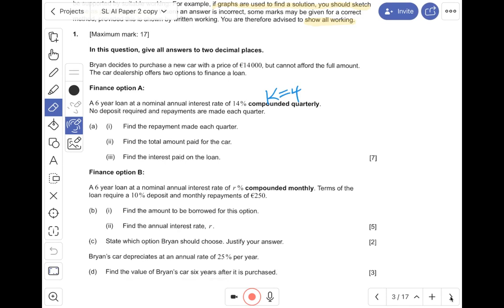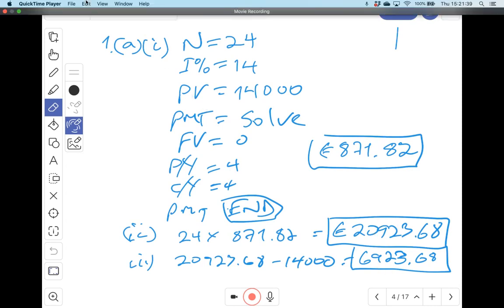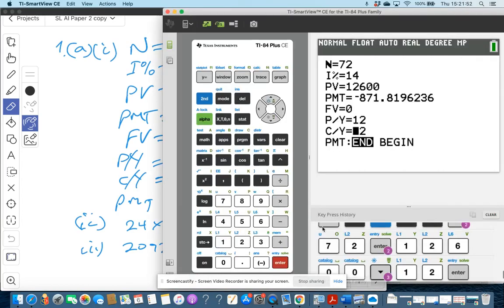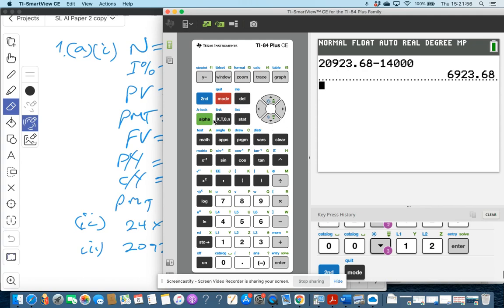I did that subtraction on my calculator, and I got 6,923 euros and 68 cents. Okay, so that's how much money the bank is going to make off of the loan. And there it is, 69.23.